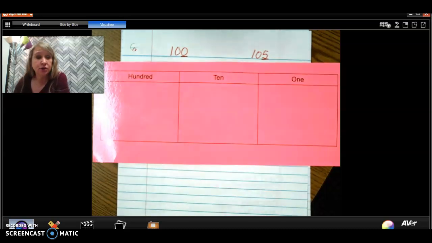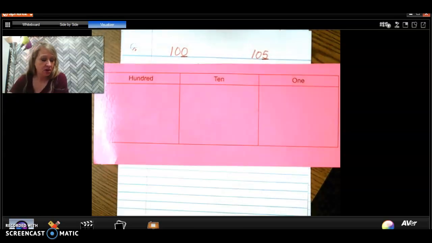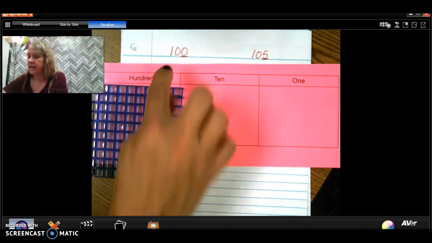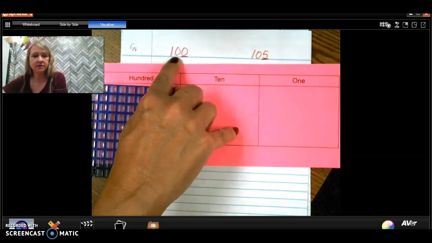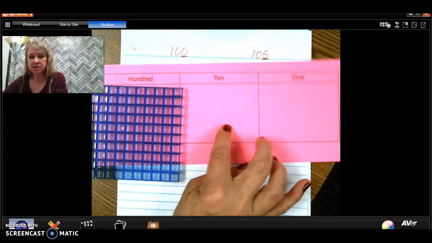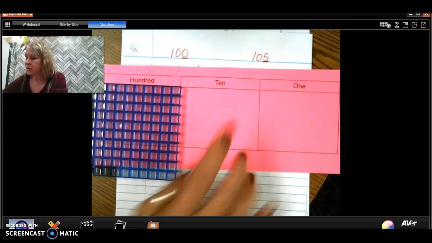Well, we can use our base 10 blocks. So this one has how many hundreds? 1. 100. How many tens are there? 0. How many ones are there? Also 0. So there's no 10s and no 1s in Kaylin's 100. What about for Sandra's?